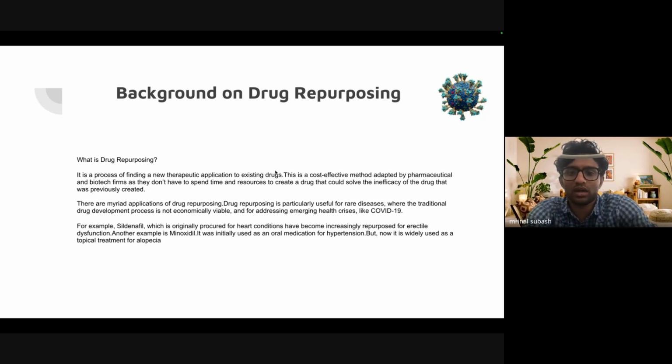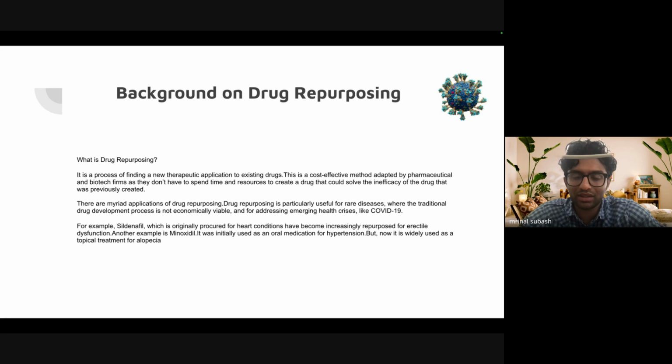So what is drug repurposing, right? Drug repurposing is like giving a new purpose to an already existing drug. So you're trying to find a new therapeutic application for that particular drug.